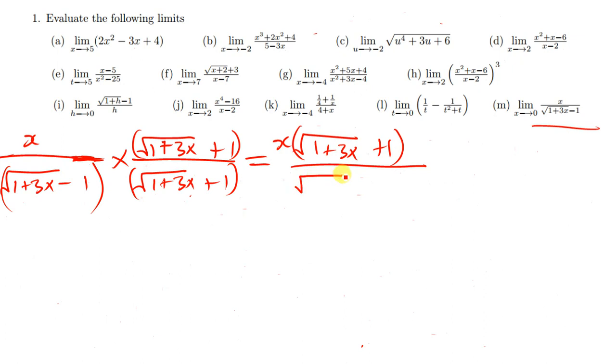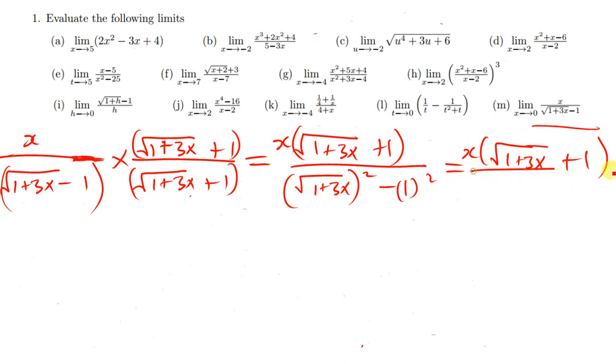We're going to say the root of 1 plus 3x squared minus 1 squared. So the numerator there will be x multiplying the root of 1 plus 3x, then plus 1. Then everything down will give you 1 plus 3x, then minus 1.